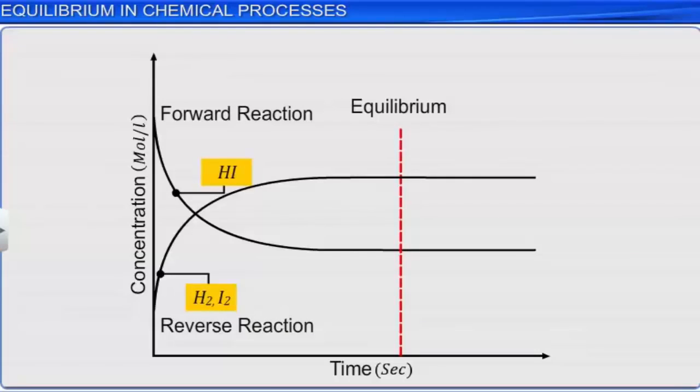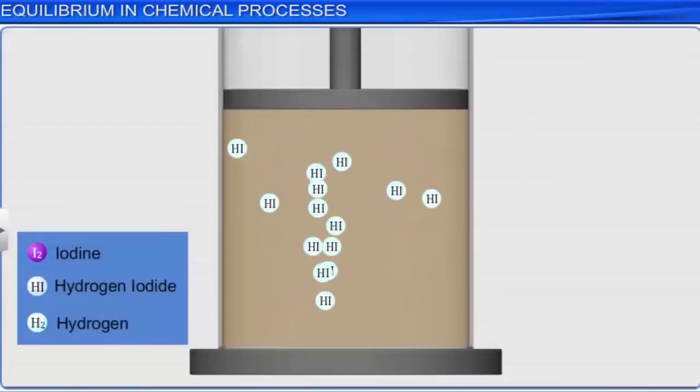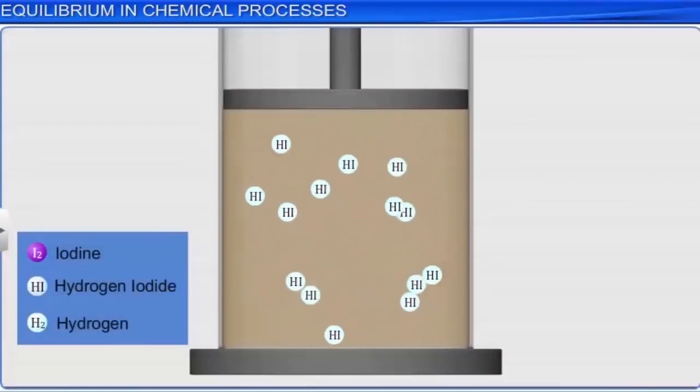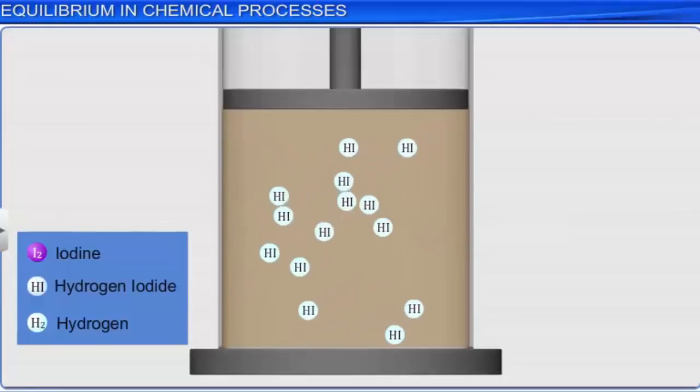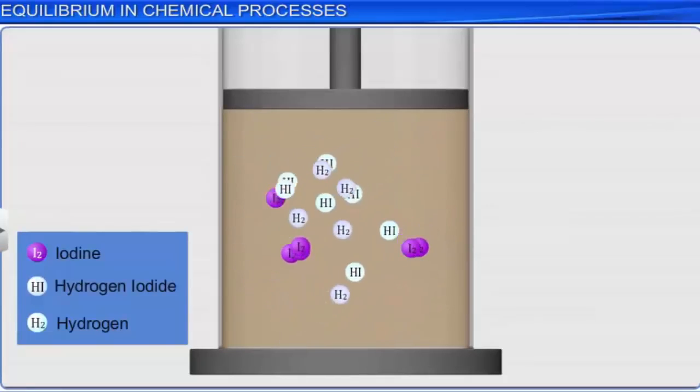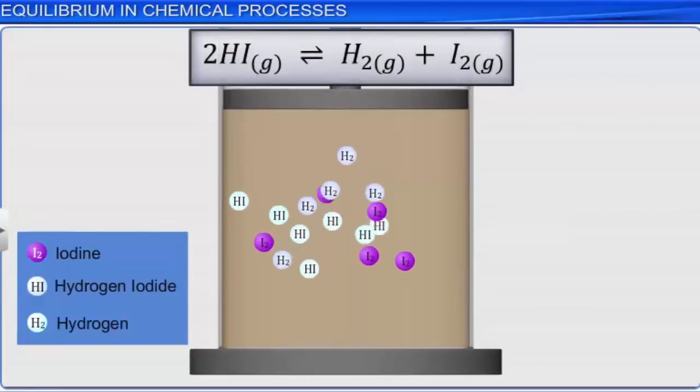The graph depicts the variations of the concentrations of hydrogen, iodine, and hydrogen iodide as a function of time. You have already learned that in a reversible reaction, the reaction can reach a state of equilibrium even if we start with the products.